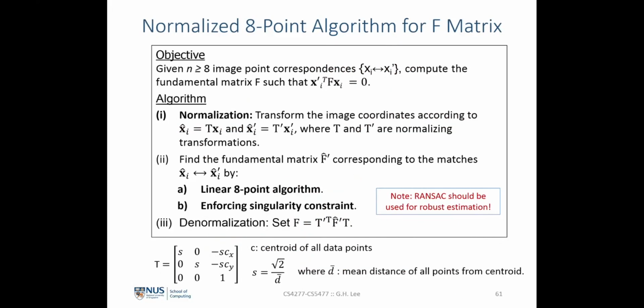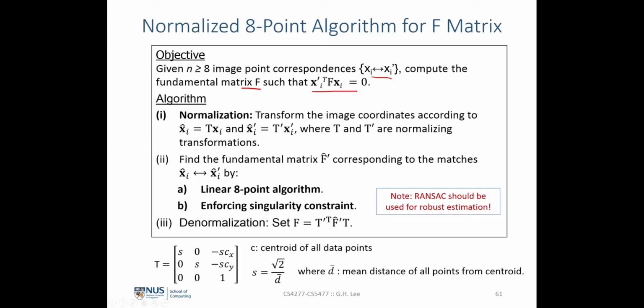Now, in summary, the 8-point algorithm to find the fundamental matrix is given by this pseudocode. The objective is that, given at least 8 correspondences, xi and xi prime, we want to find the fundamental matrix such that the correspondence constraint equation that we defined earlier has to be true.